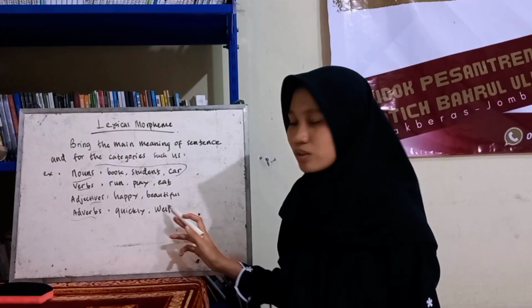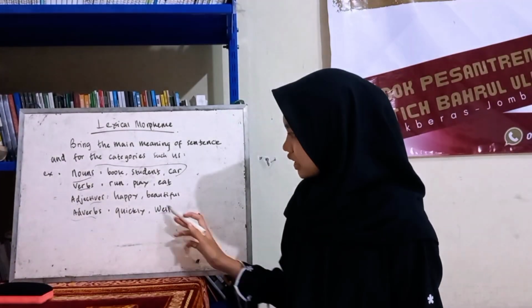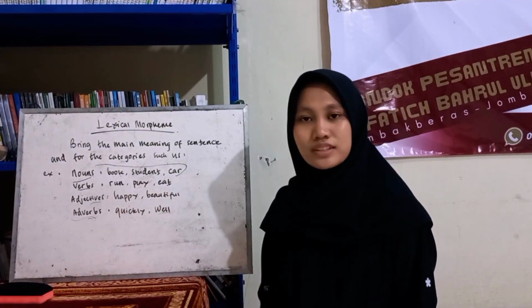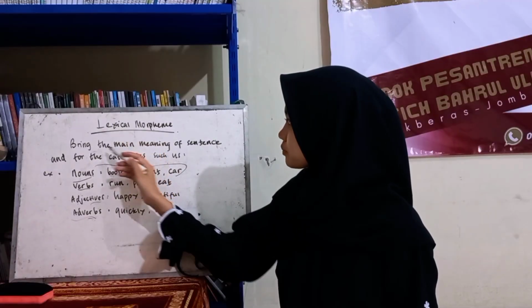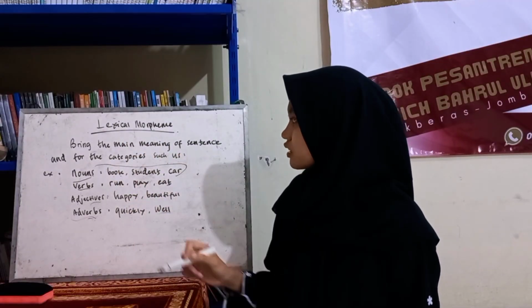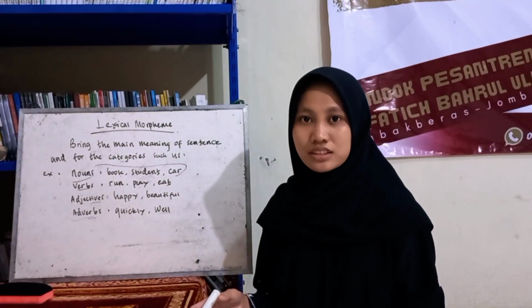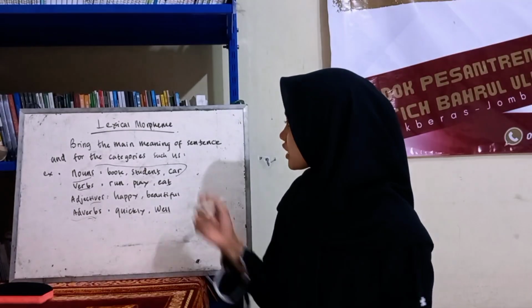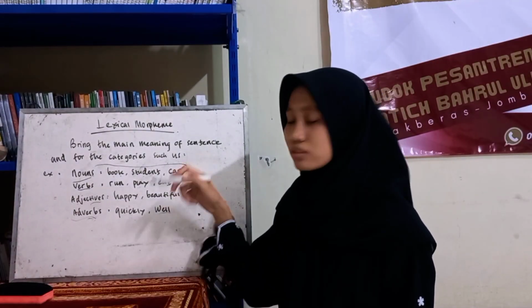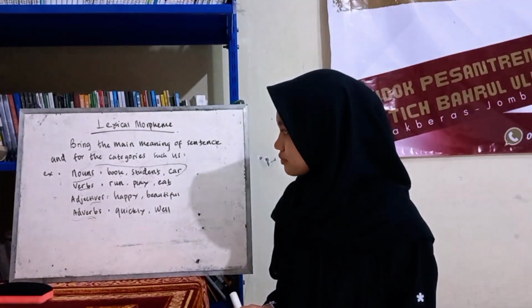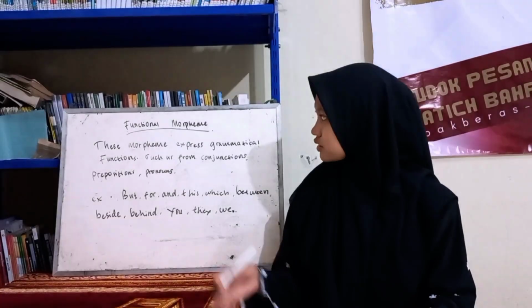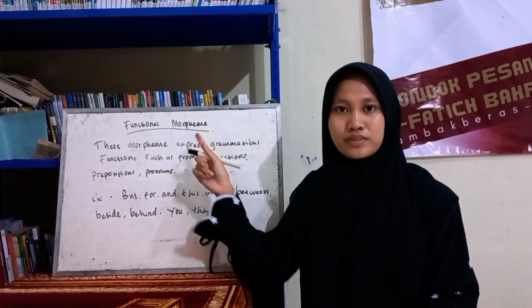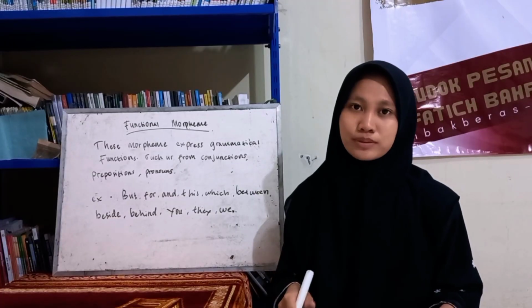Quickly and well are kinds of adverbs. Since a lexical morpheme brings the main meaning, it is like the general or first meaning of a sentence or word. And then how about the functional morpheme, the second kind of free morpheme?